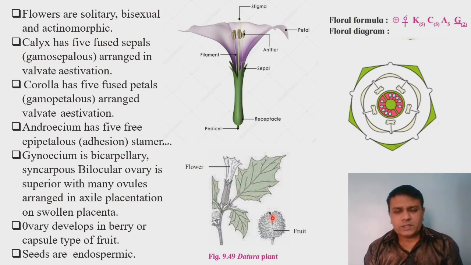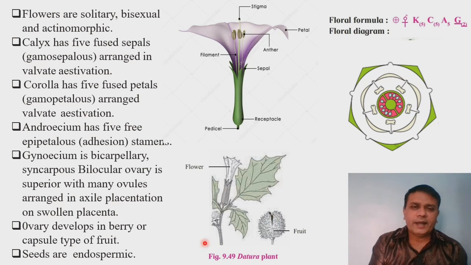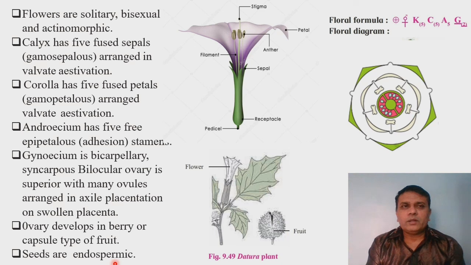But in some seeds, the endosperm is not totally utilized by the developing embryo, and some amount of endosperm remains inside the mature seed. Such seeds are called endospermic seeds. So the plants belonging to family Solanaceae show the presence of endospermic seed.